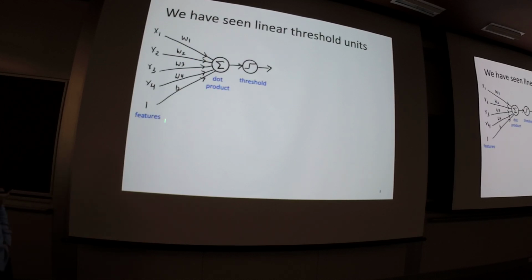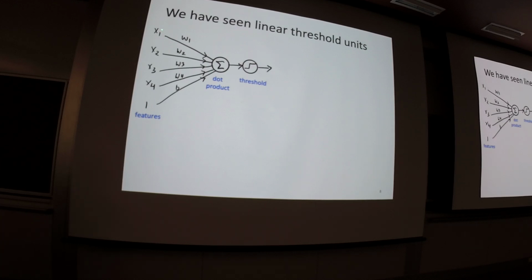So first, let us start with this linear threshold unit. We introduced this graphical representation quite long ago. Right? So this actually represents a linear classifier. So the inputs are the original features. We have 4 features, and also we have a constant feature 1 here.